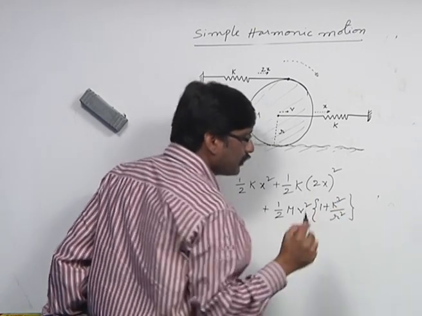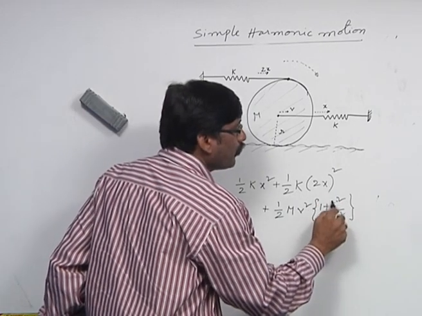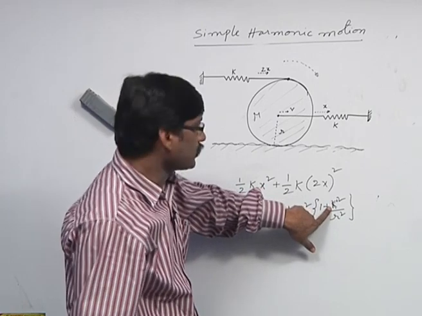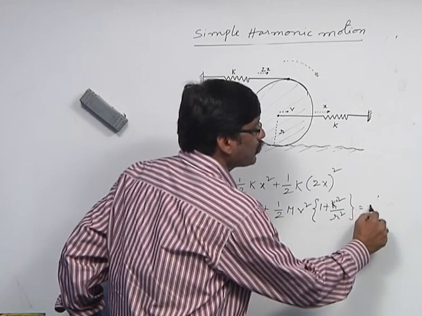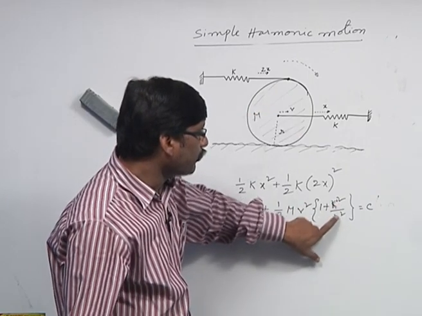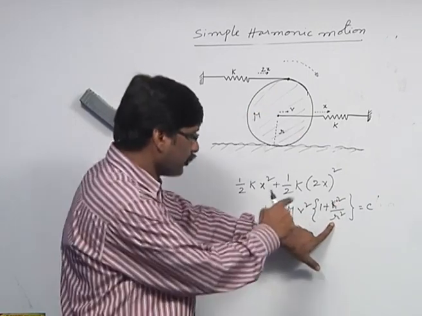What is k dash? The radius of gyration is a constant. If it is a disc, this k dash square by r square is nothing but half. Substitute.